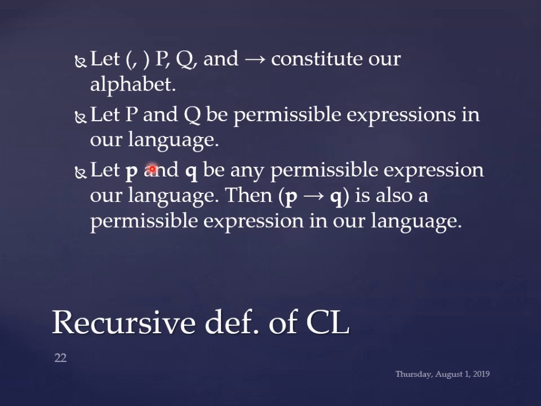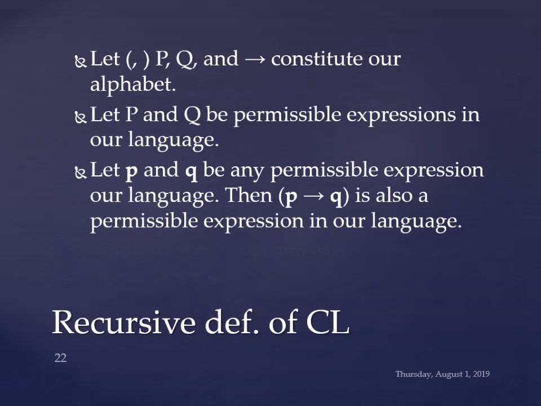P and q are going to stand in for any permissible expression I can create with this language. So then P arrow Q is also a permissible expression of our language. Also note that P and Q can be the same thing. They don't have to be numerically distinct. We just use P and Q to stand in for any permissible expression of our language, okay?